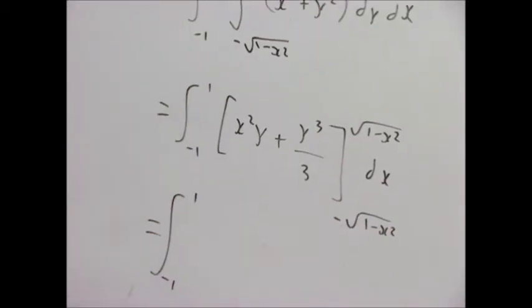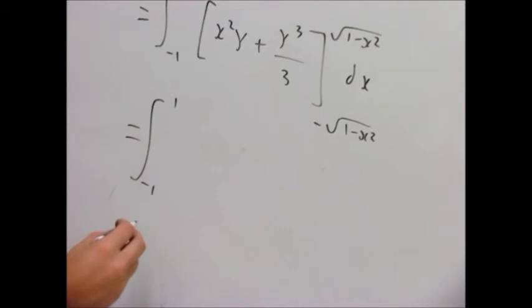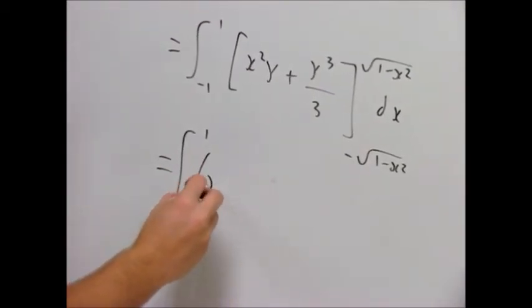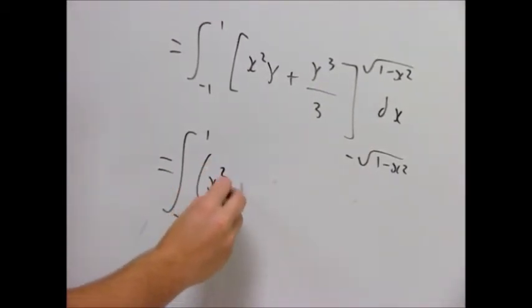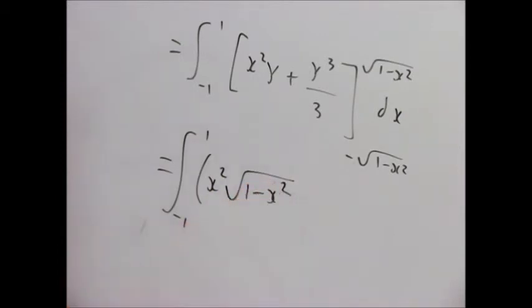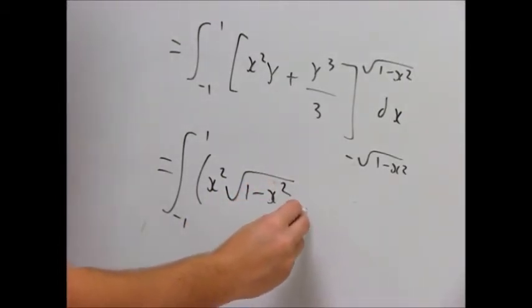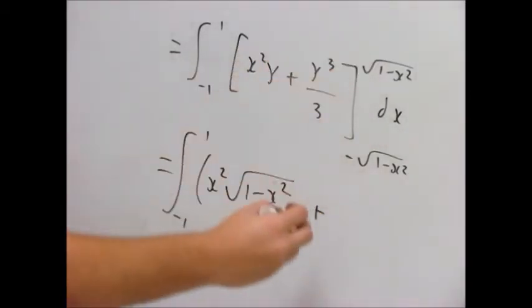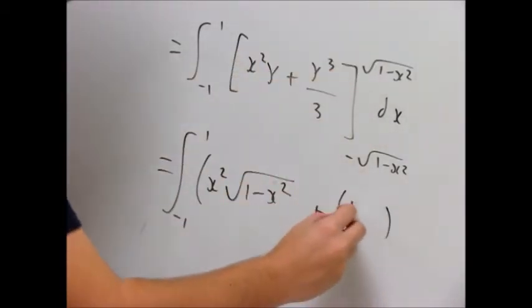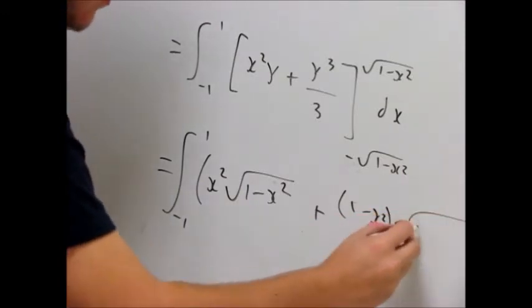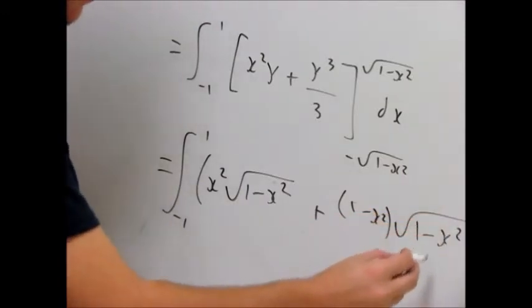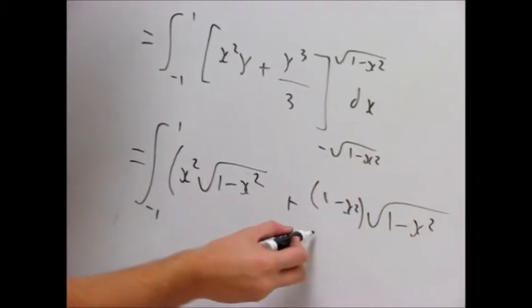Negative 1 to 1. So it becomes x squared times the square root of 1 minus x squared, plus, well, if we cube this, we just get 1 minus x squared times the square root of 1 minus x squared, over 3.